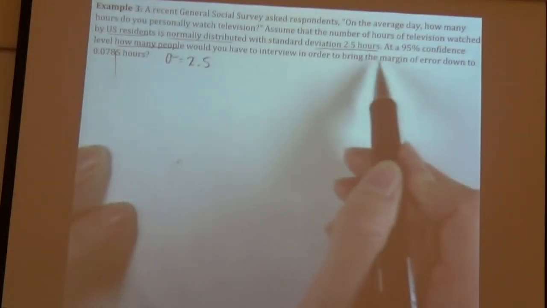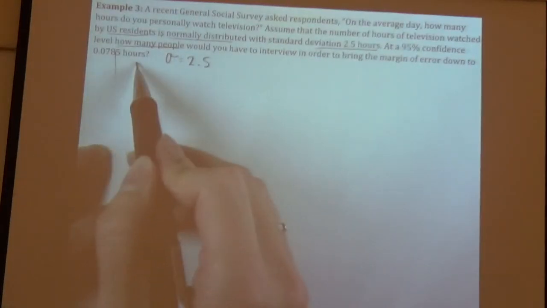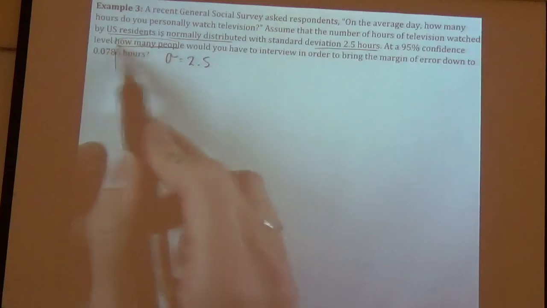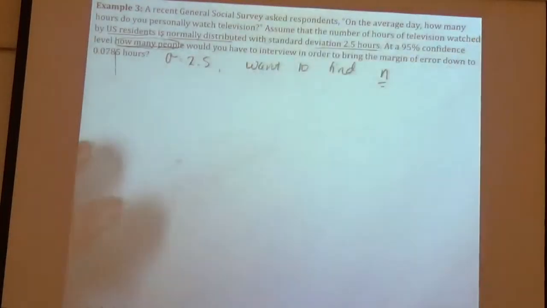Okay, at a 95% confidence level, how many people would you have to interview in order to bring the margin of error down to 0.075? Okay, so notice we're asking how many people. This means that we're going to want to find n. Okay, how are we going to do this?